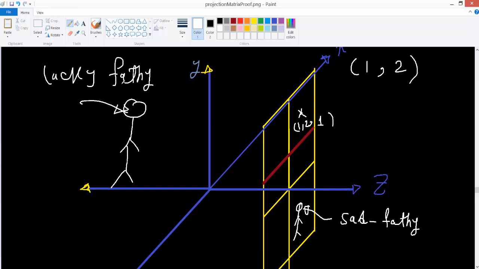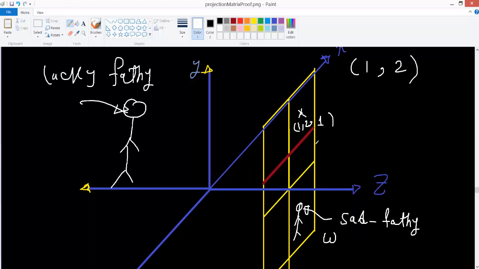Lucky Fathi realizes that this third component Sad Fathi has put into his point actually is a translational component into the Z direction that only Lucky Fathi can see. So what Sad Fathi recognizes as the magical W component is actually the same as the Z that Lucky Fathi recognizes as the third dimension in his own world.